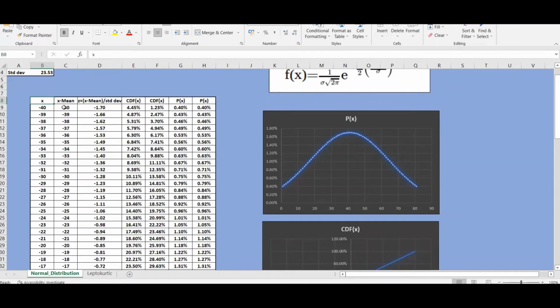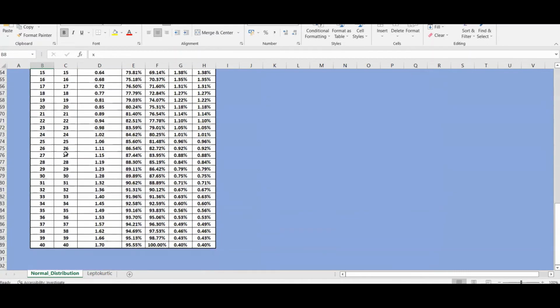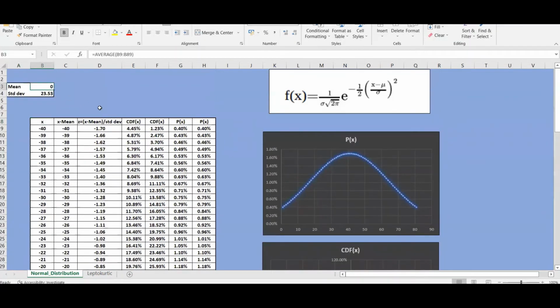The simplest example I can give you is stock return. You can collect the stock return for, say, 1 year, and you can apply the same logic that I have applied here. So if I have a variable which is taking value minus 40 on the first day, minus 39 on the second day, and so on till the 80th day where it takes value 40, the mean, that is the average of this data set, is 0 because I have taken minus 40 to plus 40.